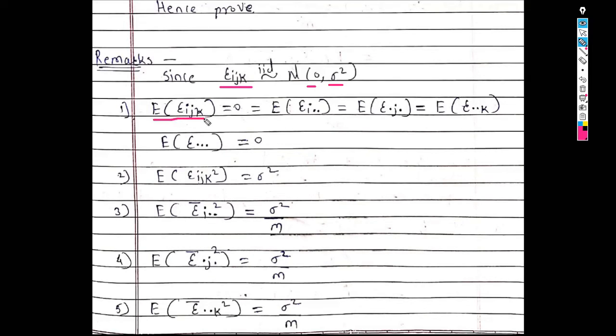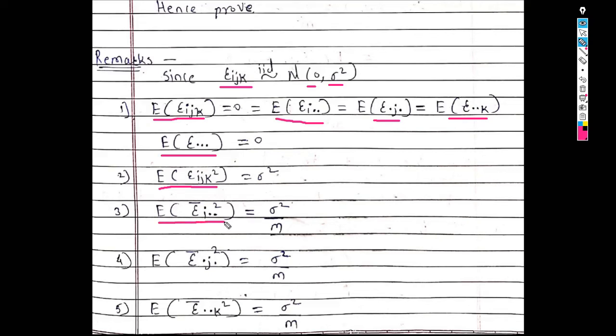So expected value of epsilon ijk is 0. Similarly, expected value of epsilon i dot dot, epsilon dot j dot and epsilon dot dot k is also 0. Similarly, expected value of epsilon dot dot dot is also 0.